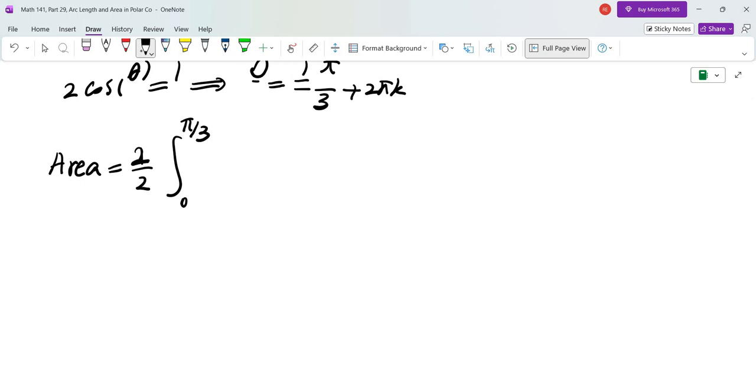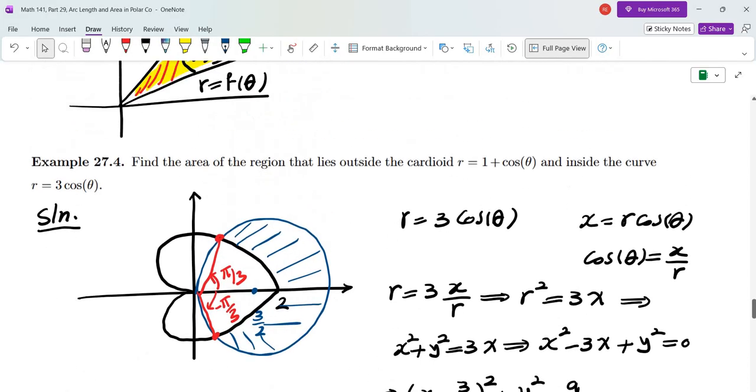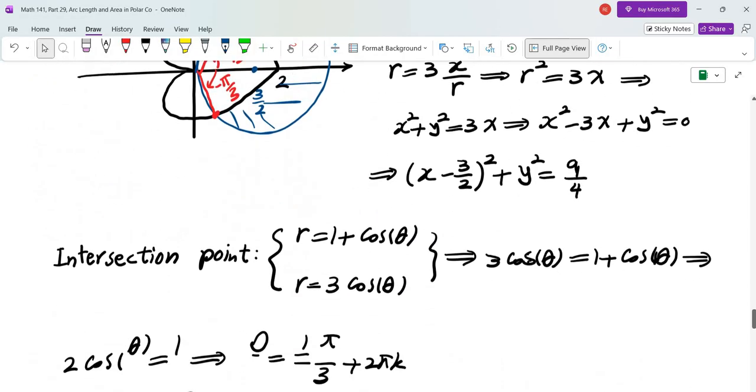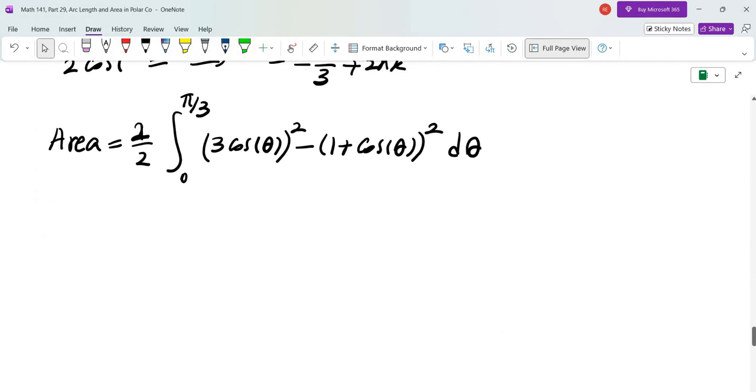And then the formula for the circle was 3 cosine of theta. I'll have to square that minus 1 plus cosine of theta, and then I have to square that as well. So the formula for the area is 1/2 integral, and then I had two pieces, so I had to double that. Okay, so the 2 over 2 becomes 1.